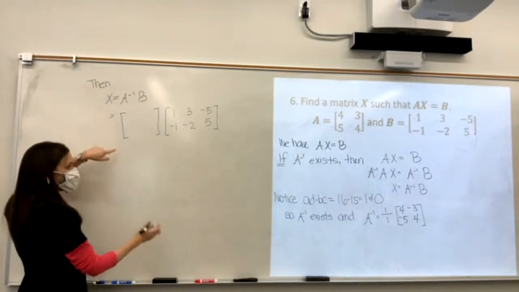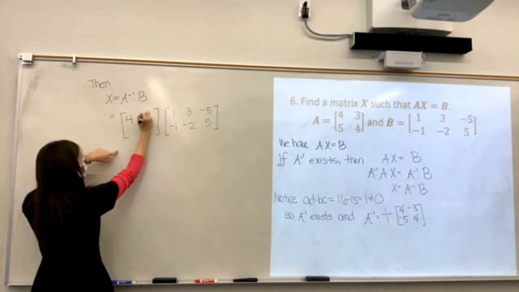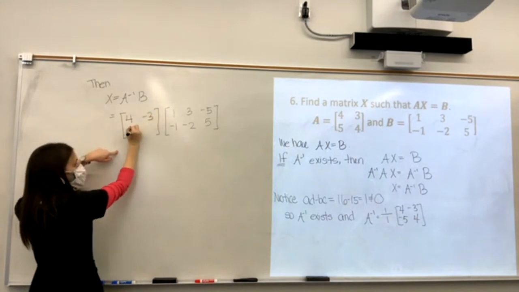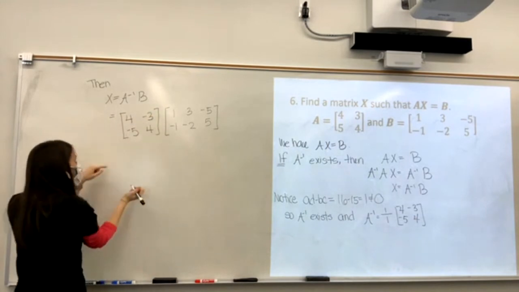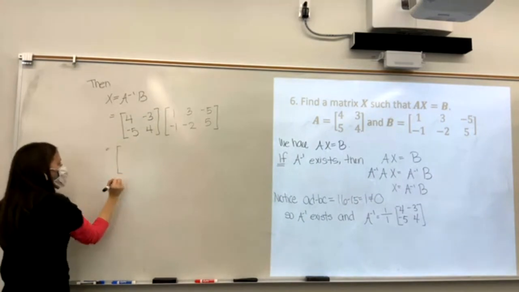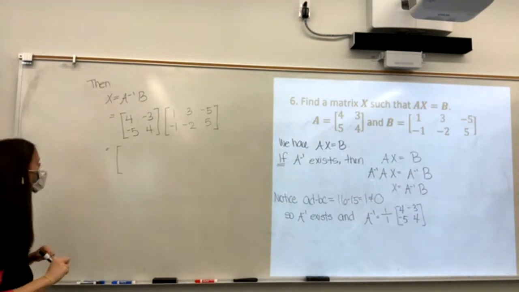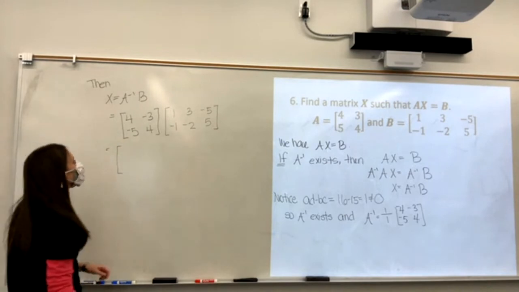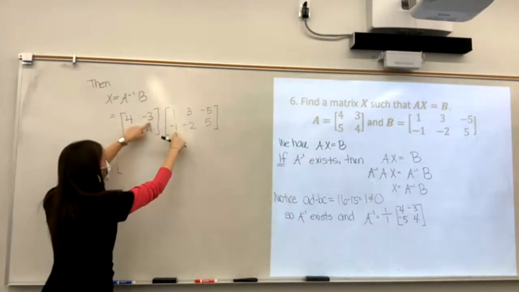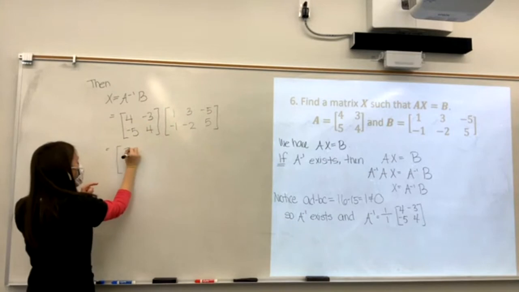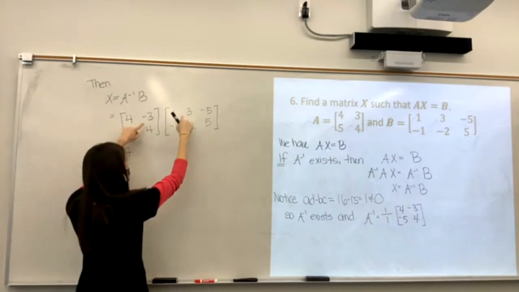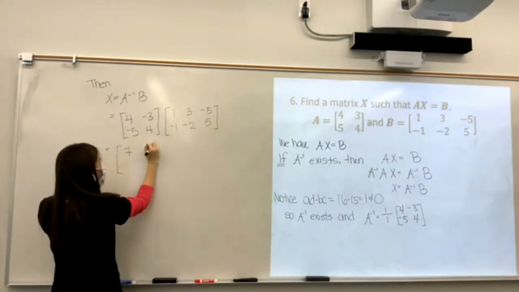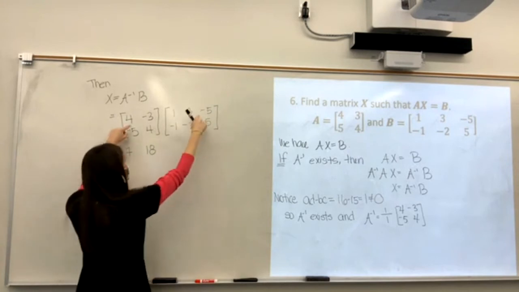And so X then is this A inverse that we just found, 4, negative 3, negative 5, 4, times B. All right, so let's see what we've got. Oh, let me stop. Everybody okay so far? 4 plus 3 is 7. 12 plus 6 is 18.